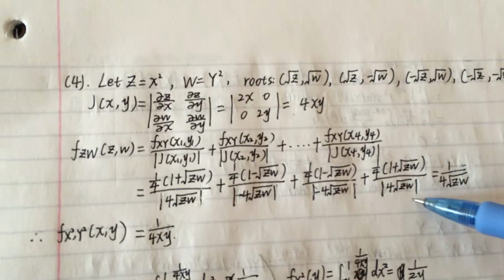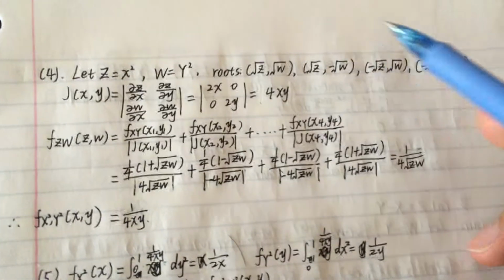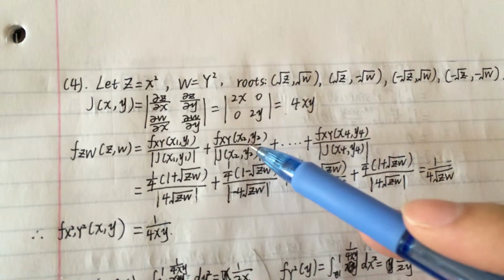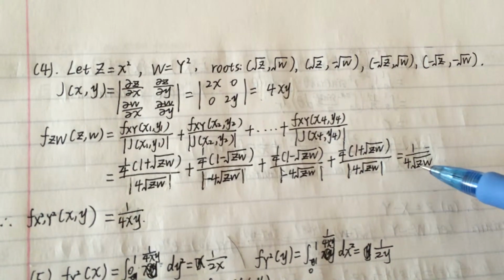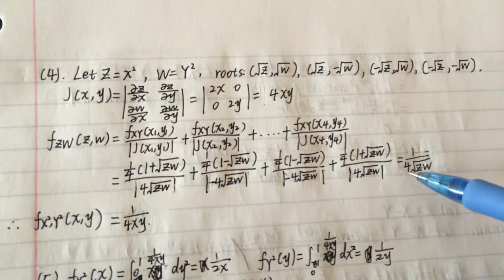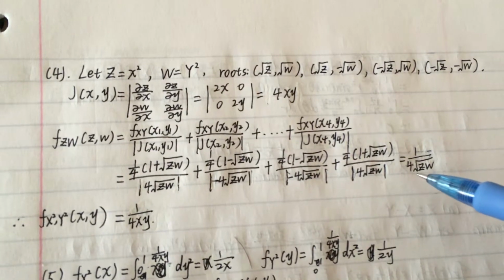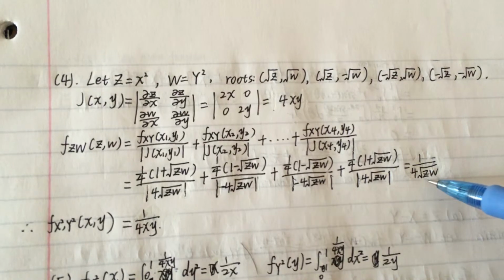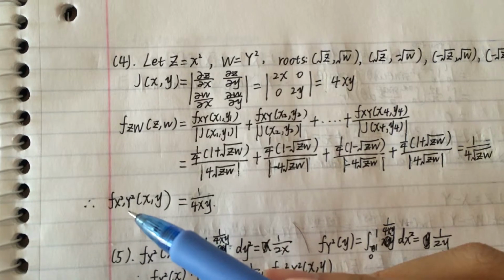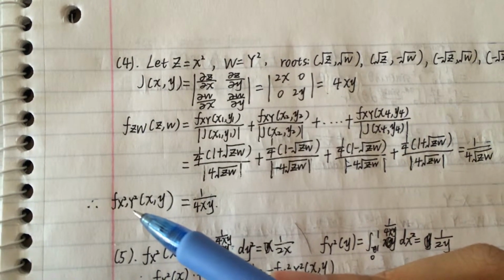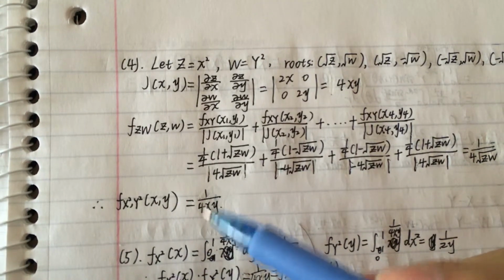We put the 4 roots into the function, and we can get the final result equals 1 over 4 times ZW, and we can get these results. So it means that the joint density function of x squared and y squared equals 1 over 4xy.